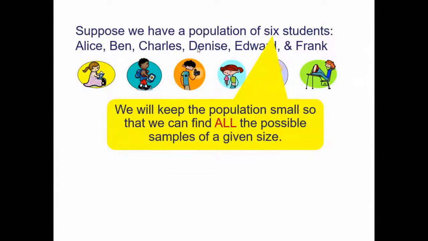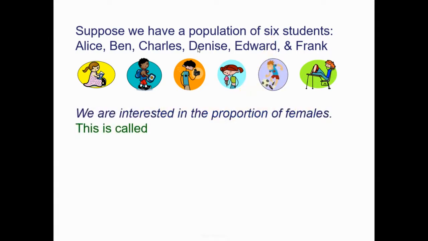Ultimately, we're going to start pairing them up and find every pair, and I don't want to have to find 1,000 pairs for a big population. We're interested, in this case, in the proportion of females. This is what we call our parameter of interest. It's what we're interested in finding.